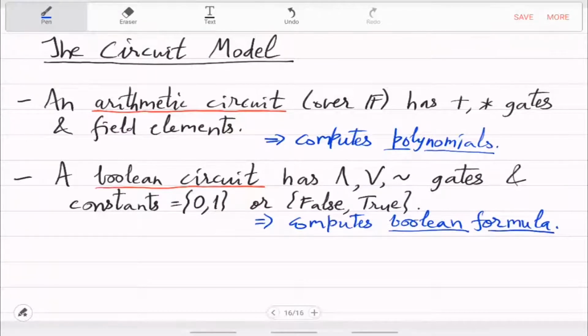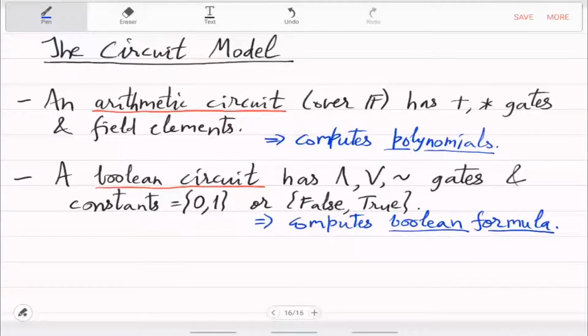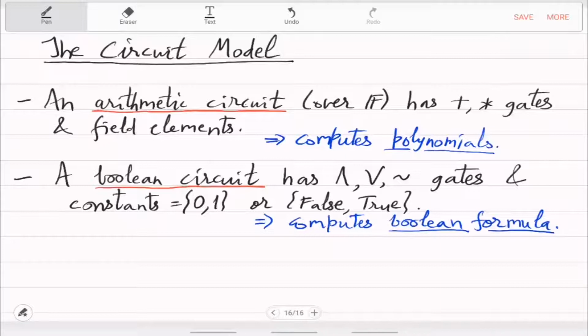Right, so this is computation in two different worlds. One is in the world of polynomials, which is algebra. The other is in the world of Boolean formulas, which is propositional formula, or in the world of logic, propositional calculus. So you can see them as computational models for the respective worlds. They model computation, even real computation. So that is what we will do.